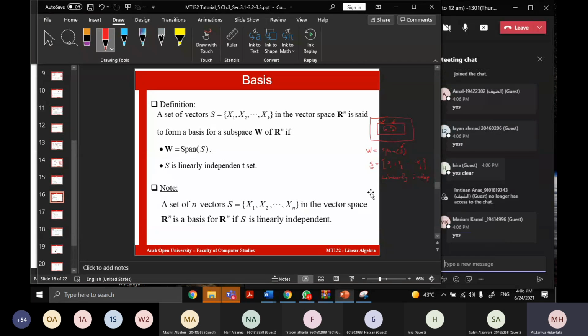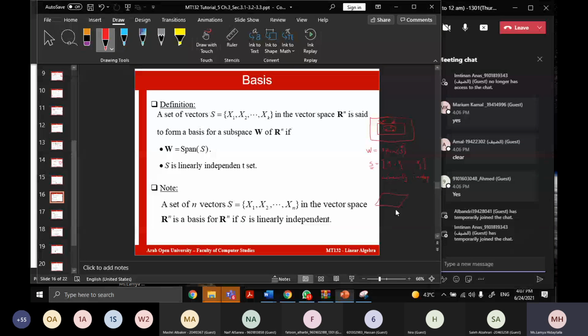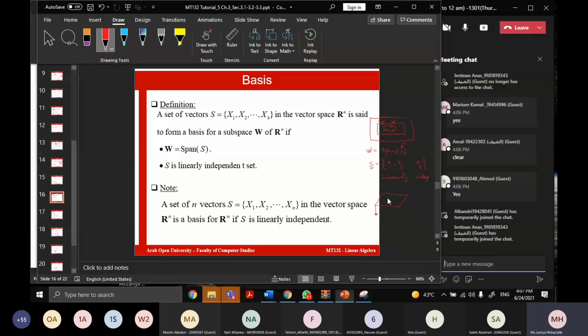I used to give an example so you don't forget. If you have any table, to let it stand, you need some legs to keep the table standing, correct?